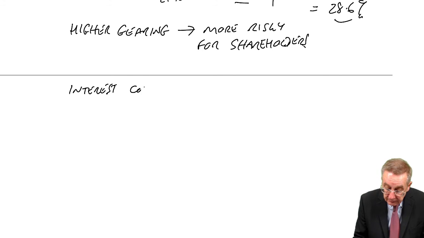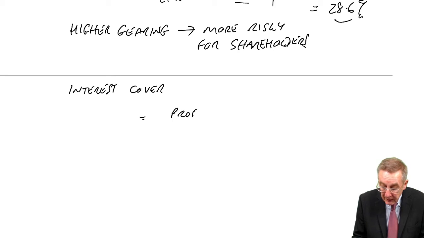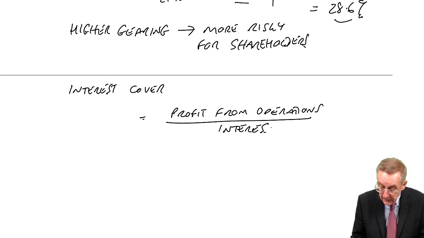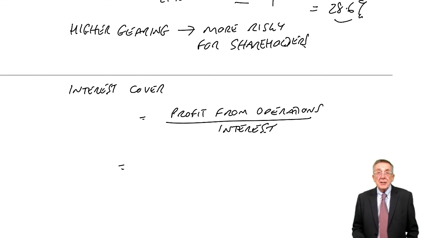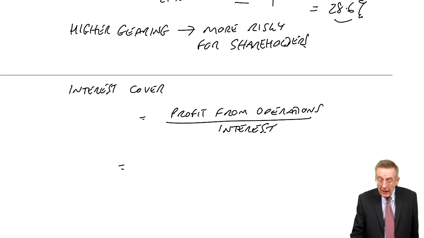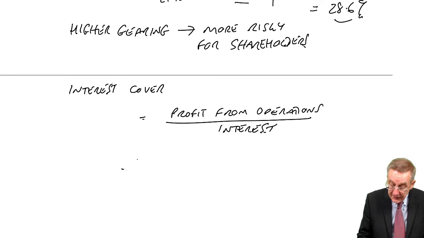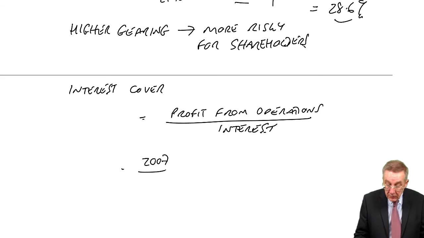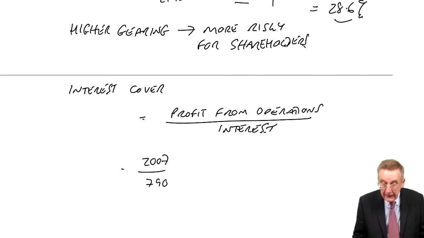An interest cover, it's the profit from operations divided by the interest. Sorry, going on a bit, but this won't take a moment. For our example, in 2007, the profit from operations, the profit before interest and tax, was 790.